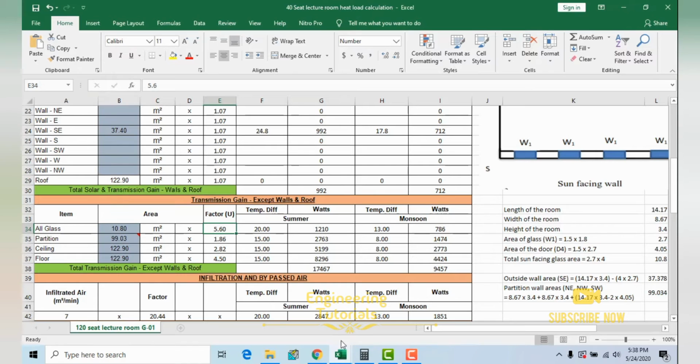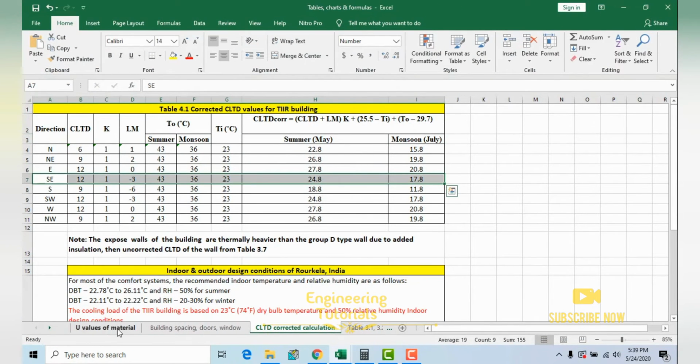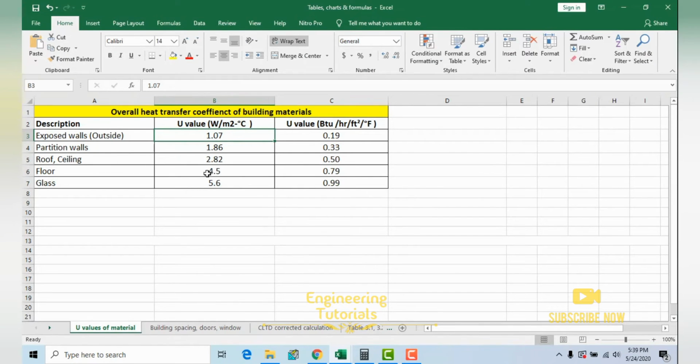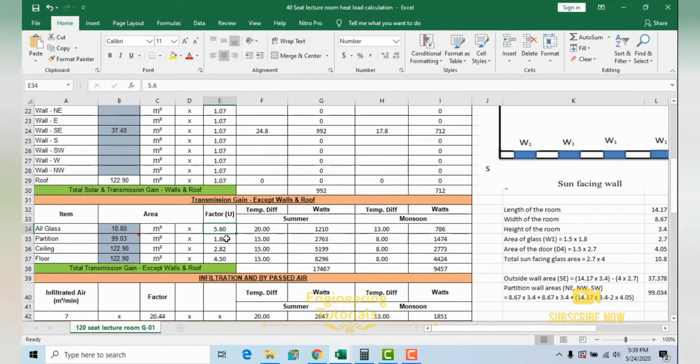U factor you can get from tables and charts. As you can see, the U factor for glass is 5.6, floor 4.5, ceiling 2.8, partition wall 1.86.